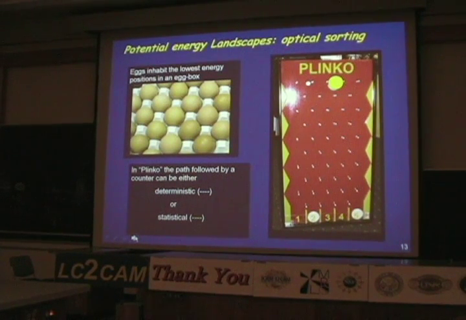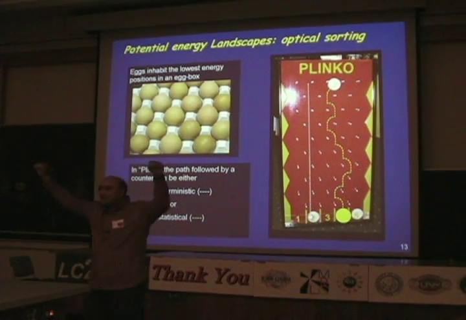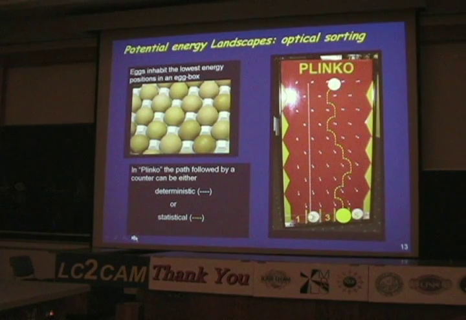Here are my particles in the multiple trap array, rather like eggs in boxes. And this is a reasonably popular game, I guess, on this side of the Atlantic: Clinker. What I'm doing here is basically taking my egg boxes and lifting them up, and I'm going to watch the eggs roll. Now, of course, we've got to think about Brownian motion, diffusion.